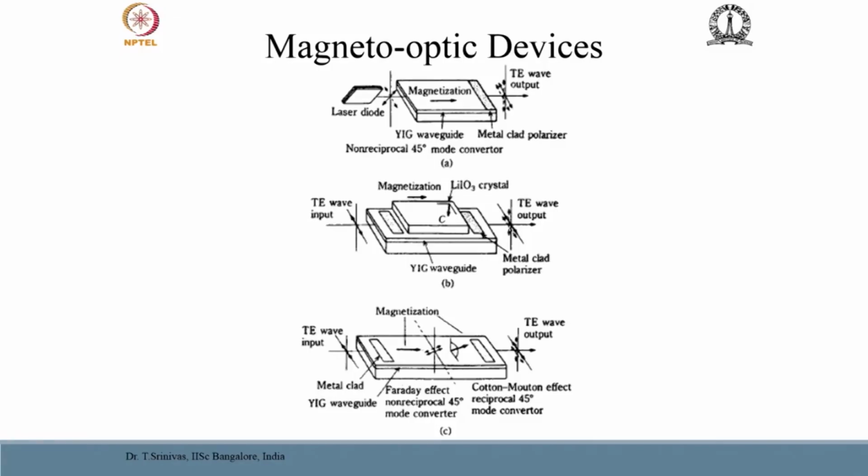Typically a term that is used is surface waves on the crystal. Magnetostatic surface waves are created by using these magnetic effects at variable frequencies, and these can be used for many applications like mode conversion, polarization control and so on and so forth.